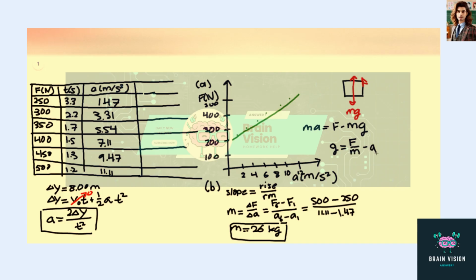That's our expression right here, and then we can go ahead and start plugging in numbers. For calculating g, you can pick any data point, so I picked one close to the center. I chose the 350 newton one, using the mass we just calculated and the corresponding acceleration, 5.54, in order to get a g of 7.9 meters per second squared.